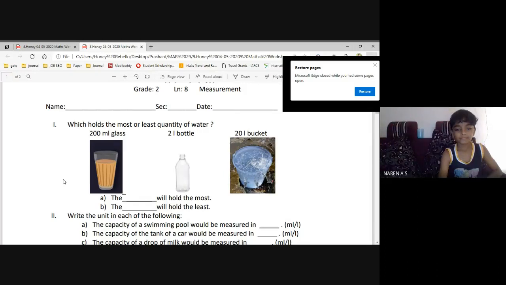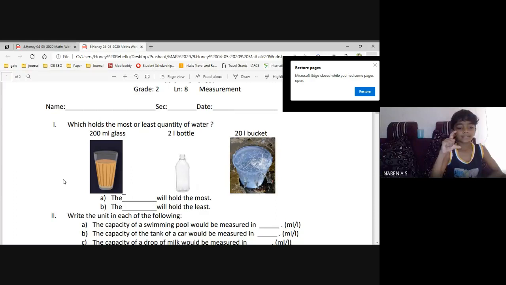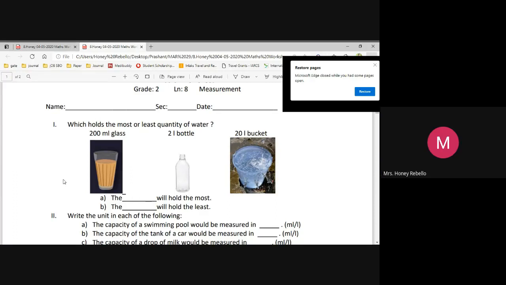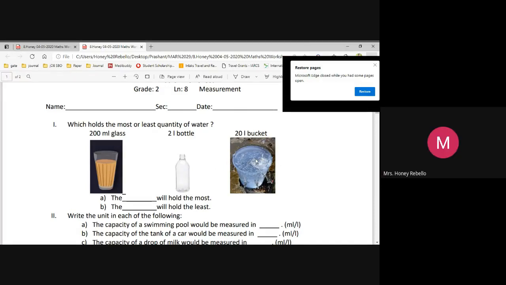Please speak loud. First one, what is it? A glass, a tumbler. Second one is one bottle. And the third one is one bucket. All these things have water.